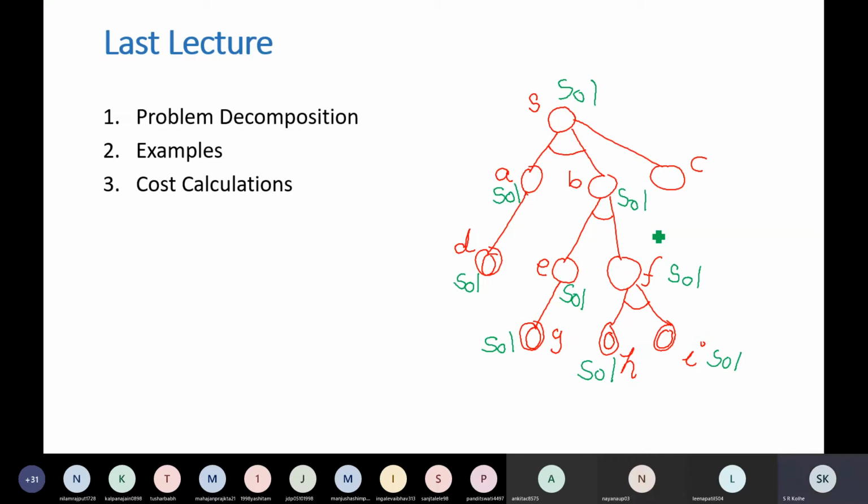So there are rare chances that the algorithm will reach a node whose label is unsolved. Sometimes that is possible, in a situation where you cannot go further. For example, can I label this C as unsolved?